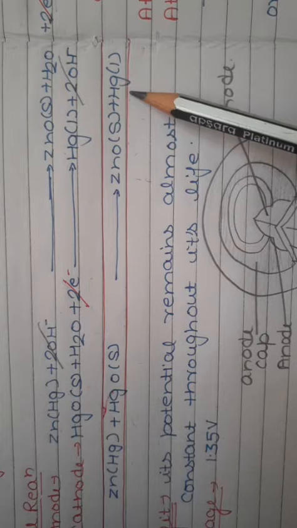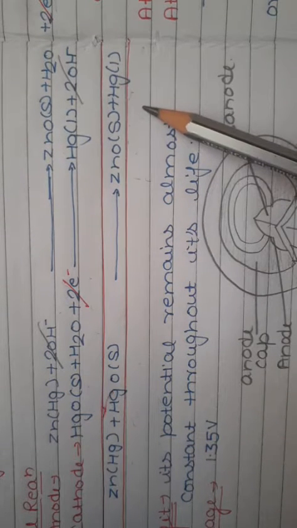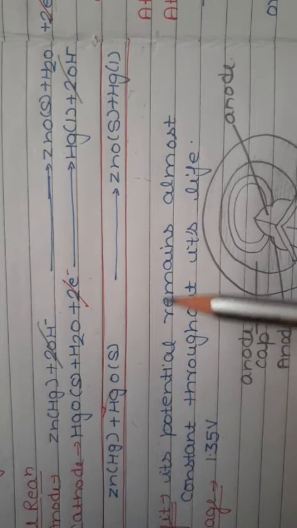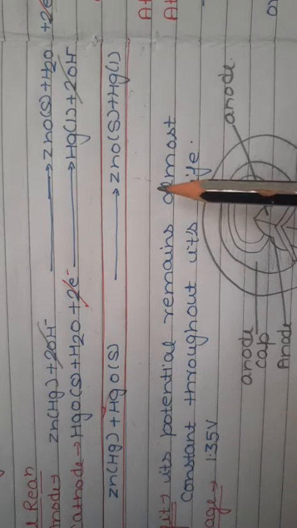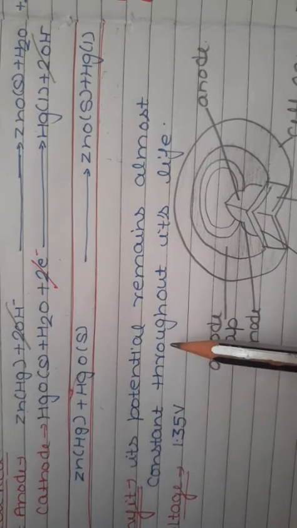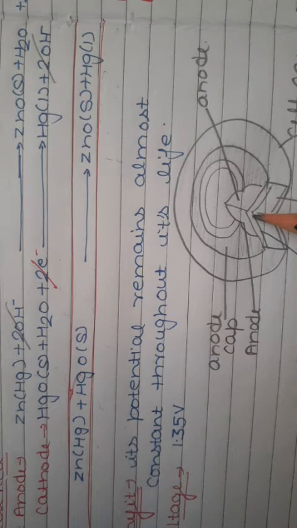Actually, students, in this case, the overall cell reaction does not involve any ion in the solution whose concentration can change. Therefore, it has an advantage that its potential remains almost constant throughout its life. This is its special feature.